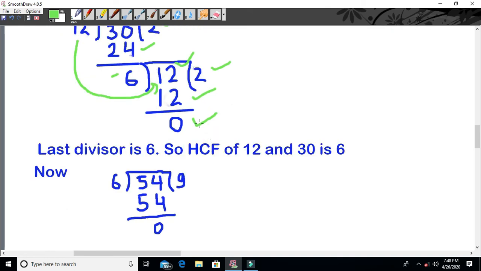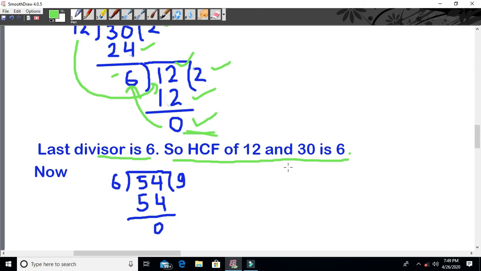In division you find the quotient and remainder. So the remainder is 0 when the divisor is 6. So the last divisor is 6. So HCF of 12 and 30 is 6. The divisor is the HCF in this case.